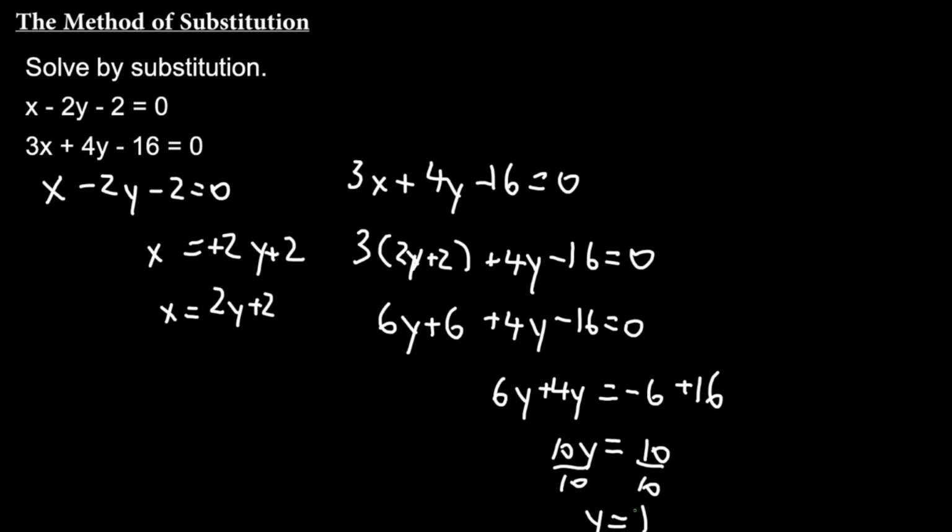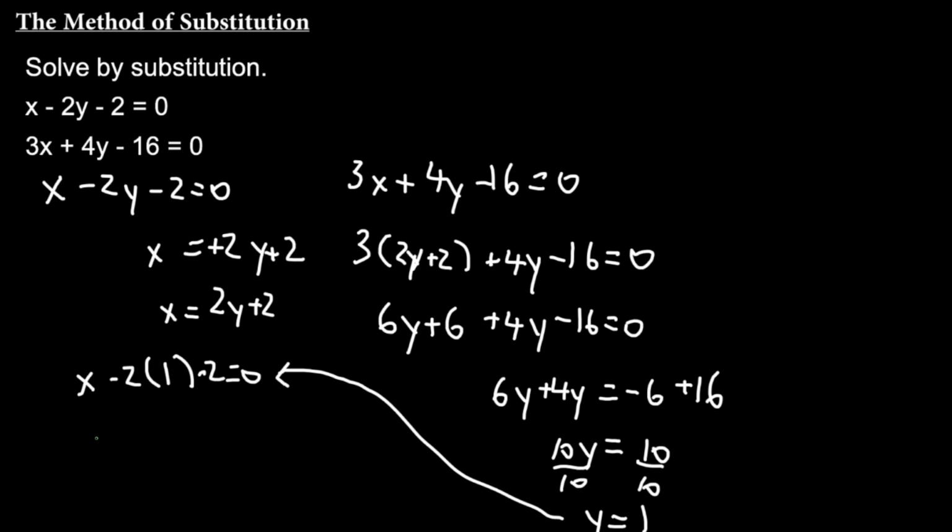Alright, so now we have y, we need to solve for x. So let's substitute y equals 1 into our first equation. So I will draw an arrow to this side. So now we have x minus 2 times 1, because we're substituting y equals 1 into x minus 2y minus 2 equals 0.